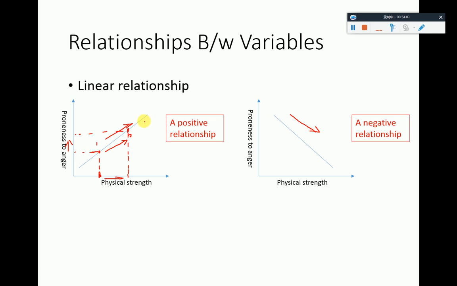Or if you go in this direction, it's the same, right? So you will see that once we're moving from this point to this point, essentially we're moving from here on physical strength to here on physical strength. At the same time, we're moving from here on proneness to anger to here on proneness to anger.